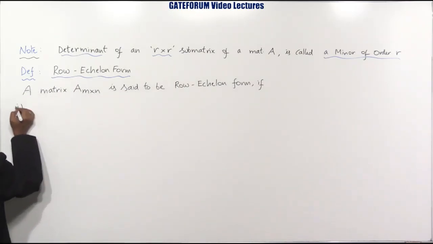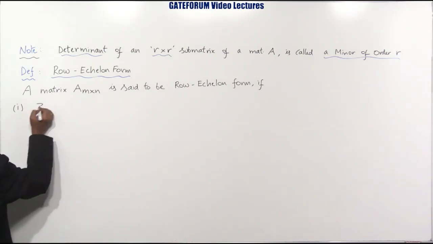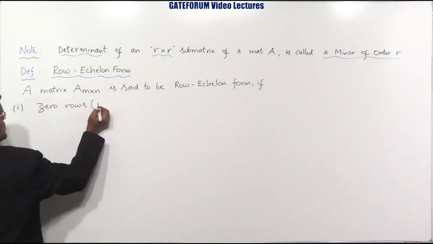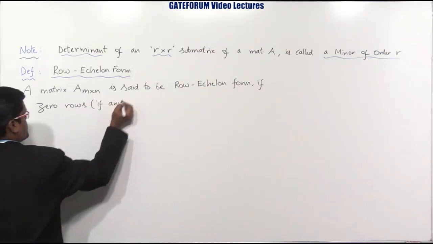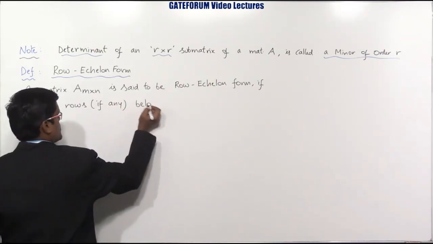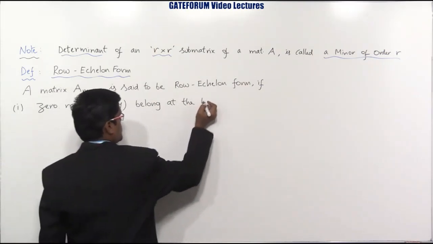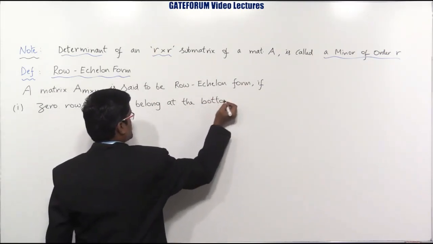Condition number 1, 0 rows, if any, belong at the bottom of the matrix.